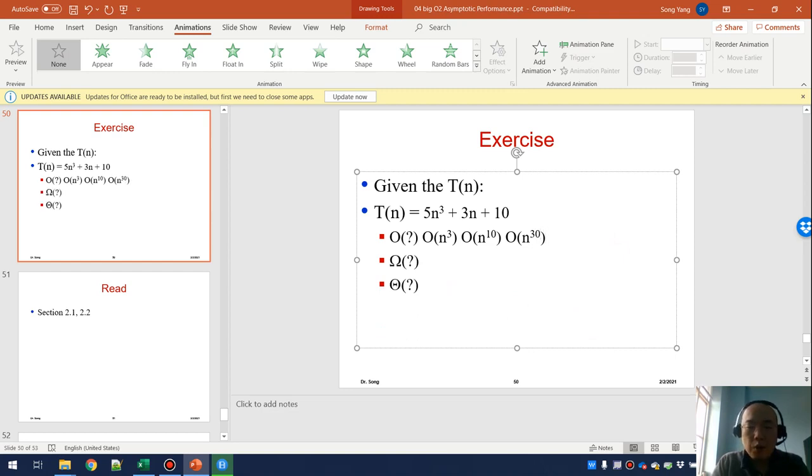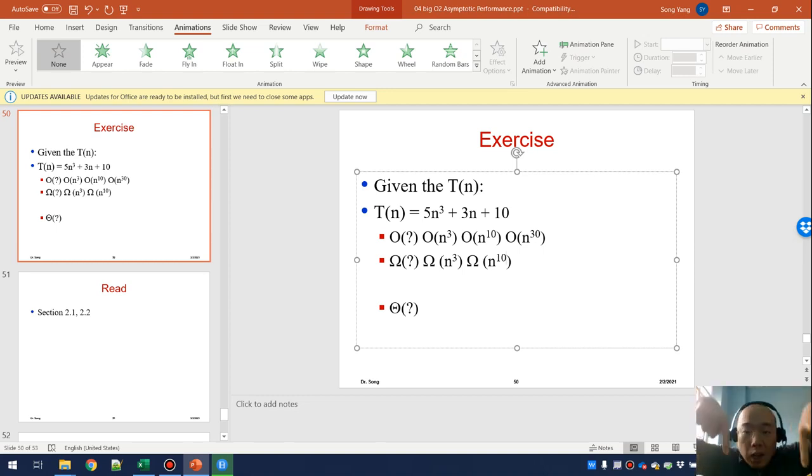Okay, and how about omega? For the omega, omega of n cubed, no problem. And then how about I try to be a little bit crazy: omega of n to the 10. Is that okay? No, because n to the 10 is too steep to be a lower bound.